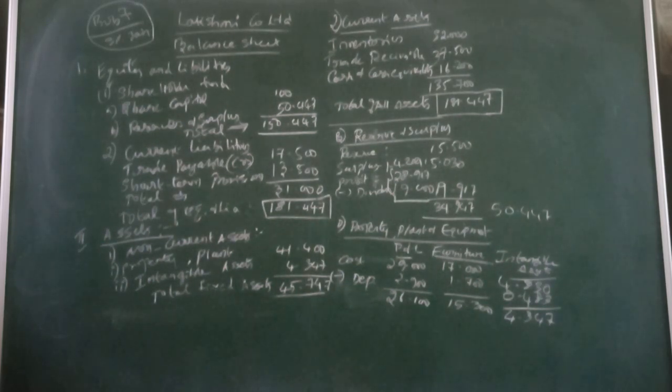Cash and equivalent items are taken in this schedule. Now we take the total of non-current items and current items. The total comes to 181.447. Liabilities is also 181.447. As usual, the concept is that assets should equal liabilities. Here the question is tallied.